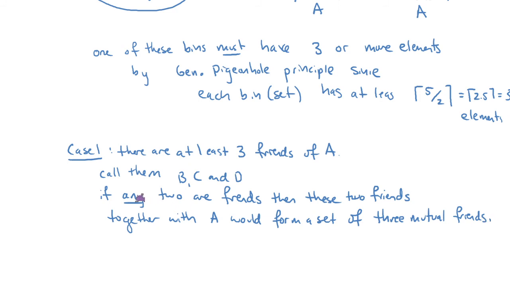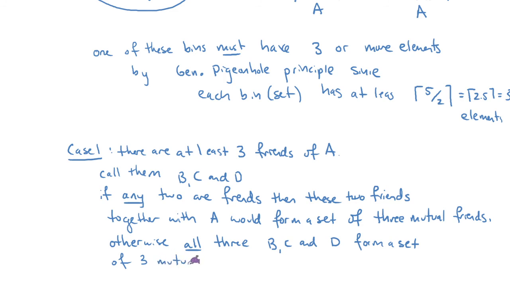But what if B, C, and D are all enemies? Well, that could happen. Otherwise, all three, B, C, and D, form a set of three mutual enemies, which would also solve the problem.